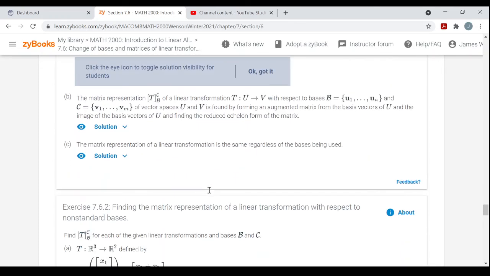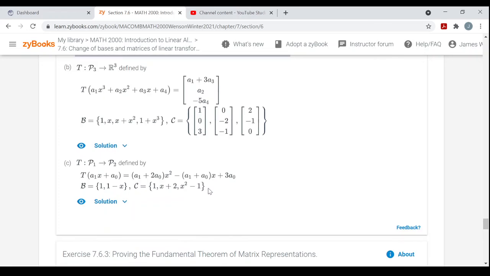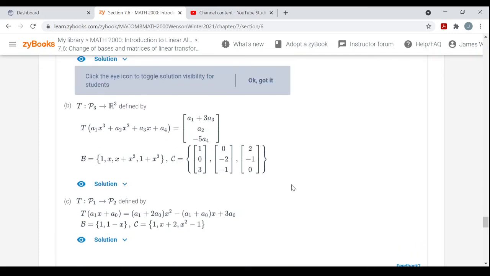All right, then you have your additional exercises. Again, some of these are assigned, some are not. I would still recommend looking at all of them just to get used to the material, more practice, more exposure. You can also click on these solutions if need be.